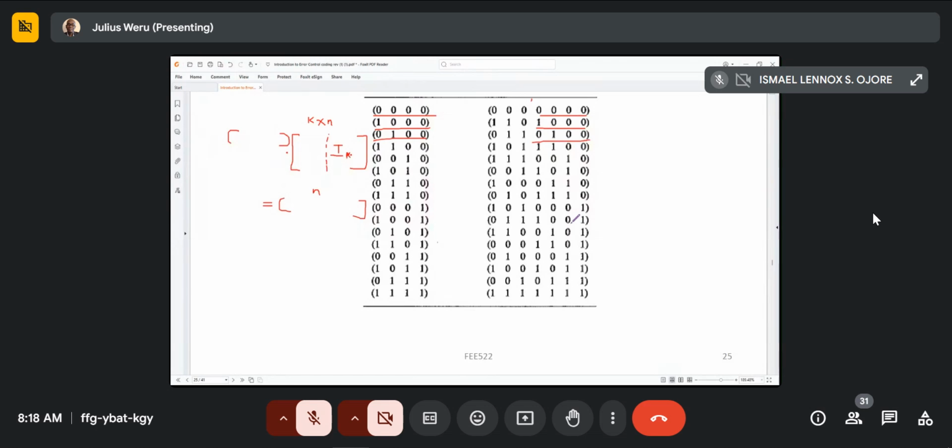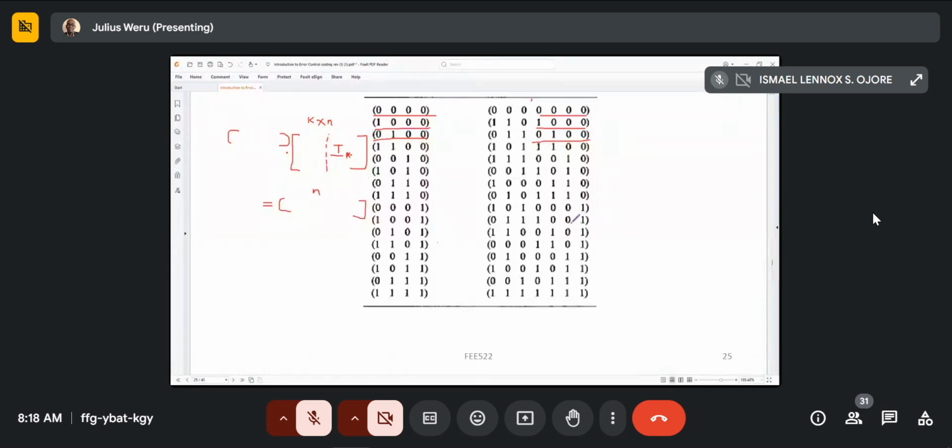We said the receiver just needs to find out whether what you are getting is the parity you are expecting. So if it is odd parity, what you are getting has an odd number of ones, and if it's for even parity, then it has an even number of ones.